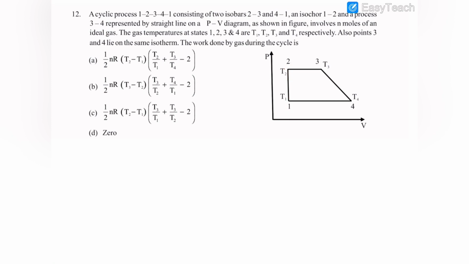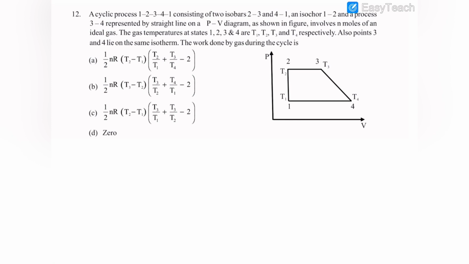Obviously you can see that 2, 3 is isobaric, and it is also given that T3 and T4 temperatures lie on the isotherm. This is not an isothermal graph, but in some other isothermal graph these two temperatures lie, which indirectly states that T3 and T4 are equal.